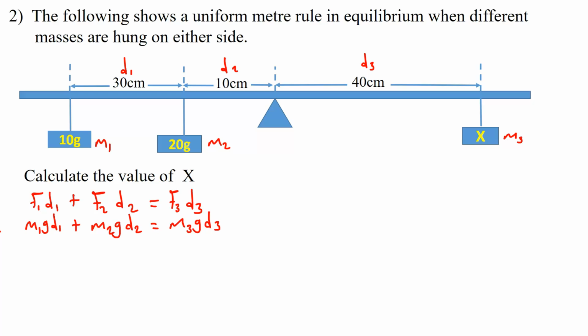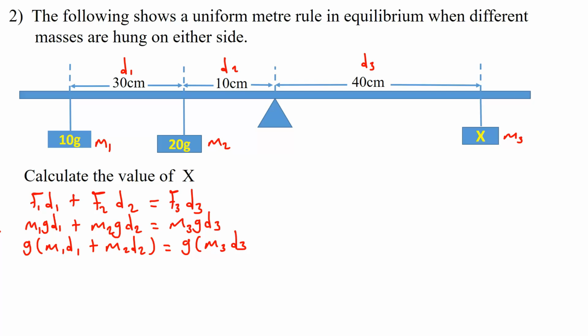At this point we can factor out a g on both sides of the equation. So g on this side, what will remain is m1 d1 plus, factoring out a g here again, m2 d2, being equal to g, and then m3 d3.